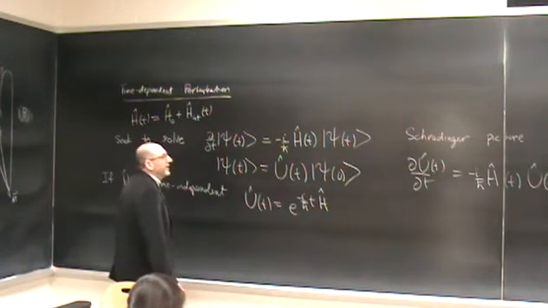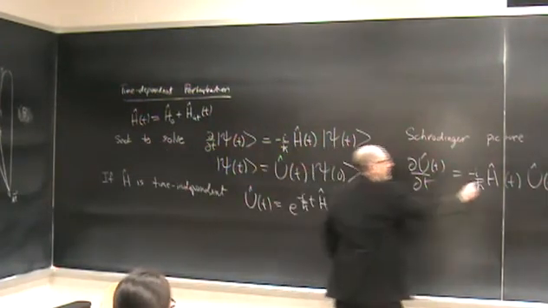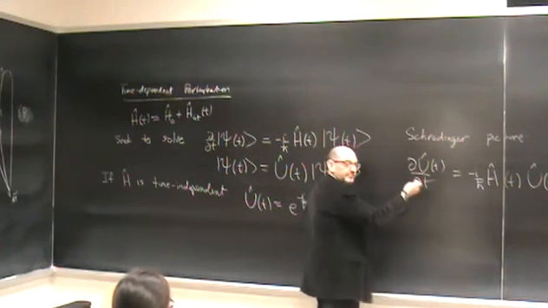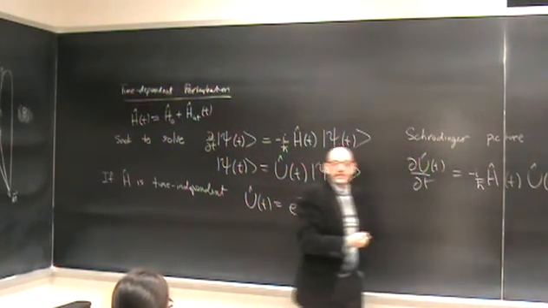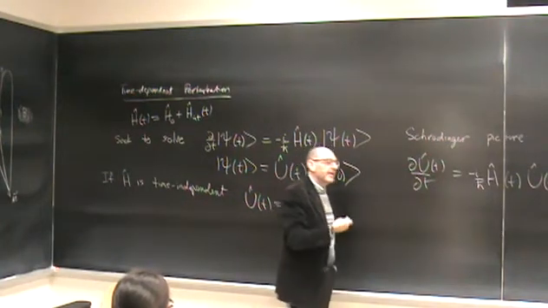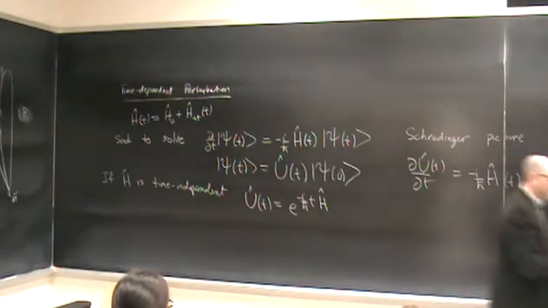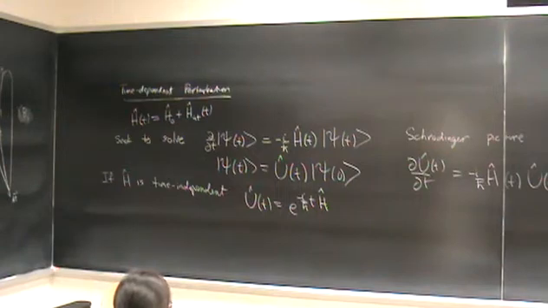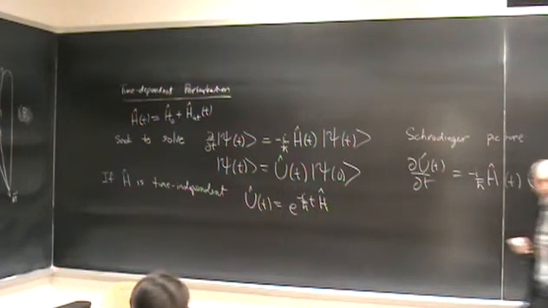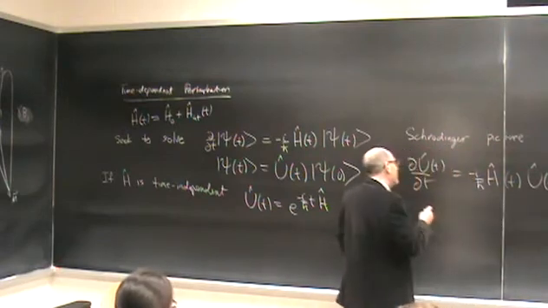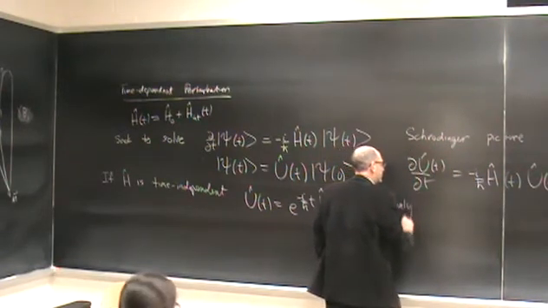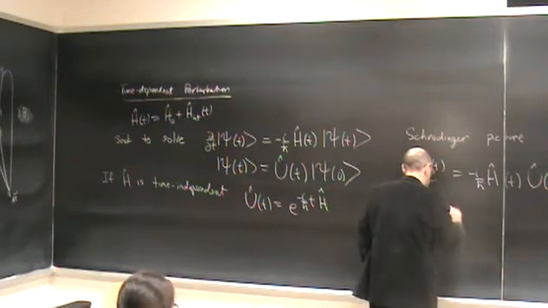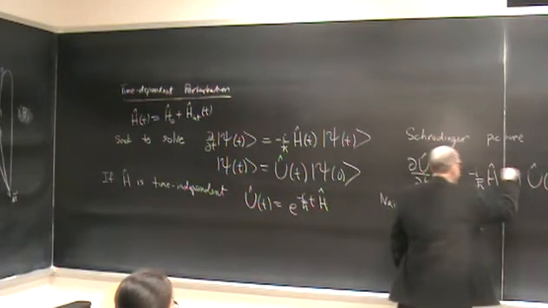If H were a number, if these were not operators, if these were functions, C numbers that commuted, and we didn't have to worry about the matrix nature or the operator nature of these, then we would naively write, well, we just integrate, right?